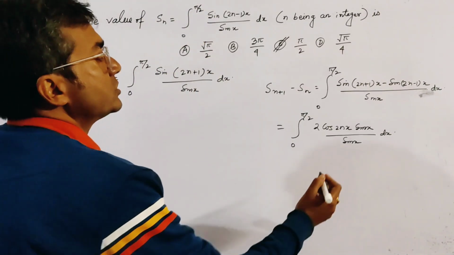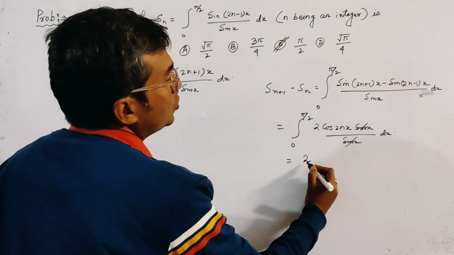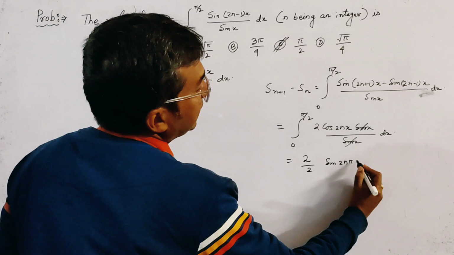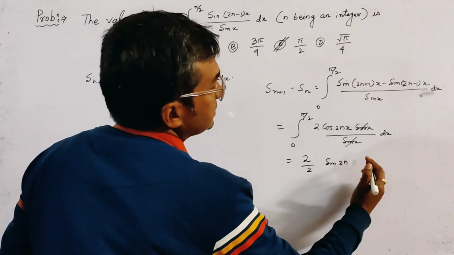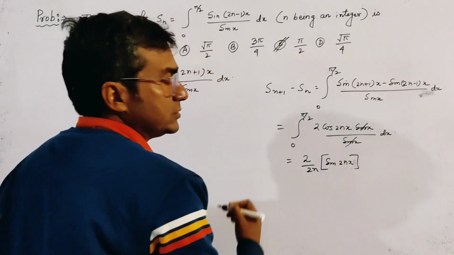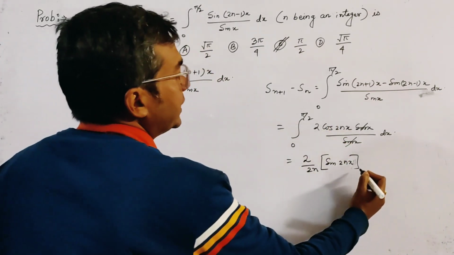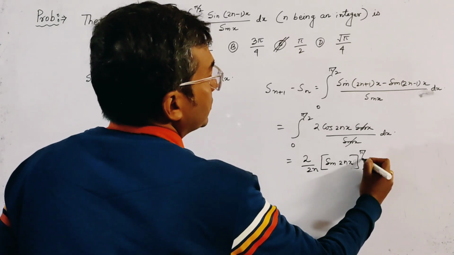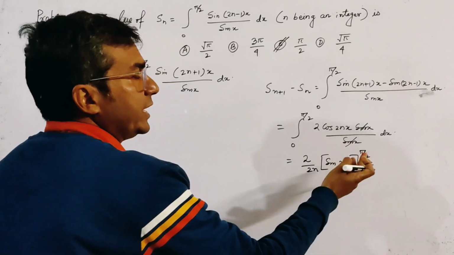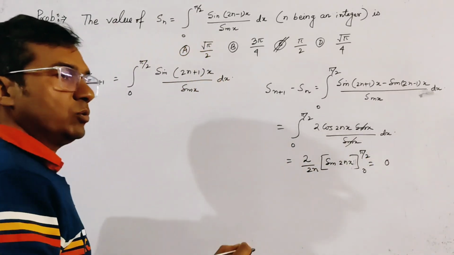Now sin x cancels out, so the integration is 2 by 2 into sine of 2nx by 2n, and the range is 0 to pi by 2. If we put pi by 2, we get sine n pi, which is 0, and sine 0 is obviously 0, so the result is 0.